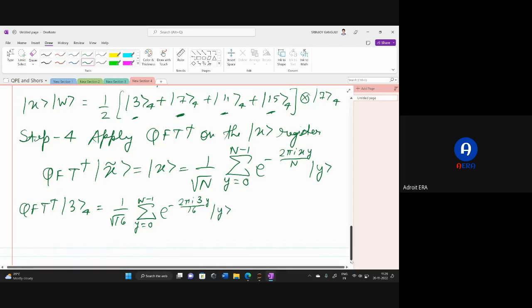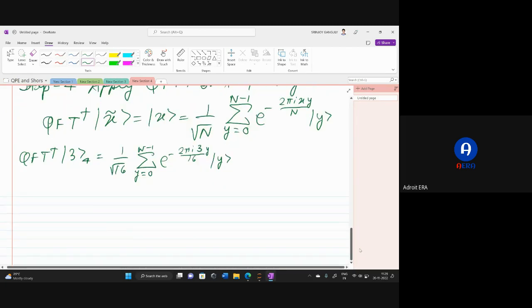Okay, we are just individually calculating all the terms.